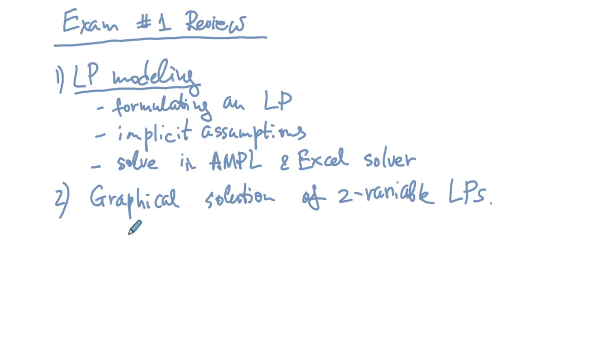You need to understand what the isoprofit or isocost line is and how we use this to find the optimal solution to the problem. You need to be able to distinguish between the different types of LPs, whether the problem is infeasible, optimal, or unbounded. When the LP is optimal, does it have a unique optimal solution or infinitely many optimal solutions, and so on.